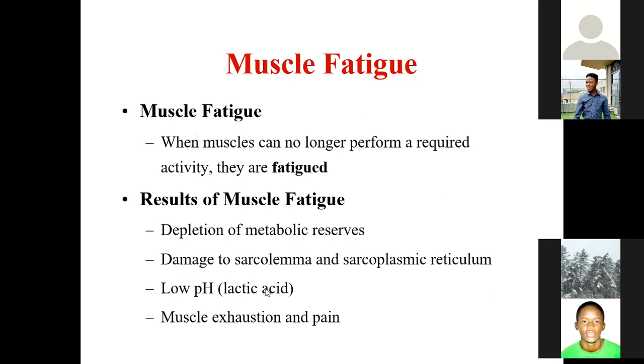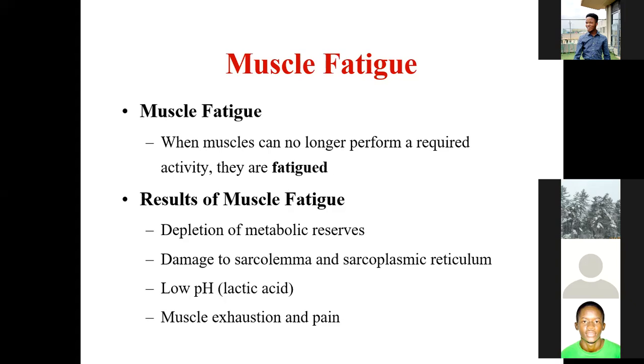You have lactic acid, you have a buildup of electrolytes, all the different electrolytes that are present there. So as you say, when it comes to the issue of fatigue, it is not really straightforward A or B or C. It's a combination of factors. At times you wake up in the morning, you have not done any exercises, you haven't done anything at all, but you feel so tired.